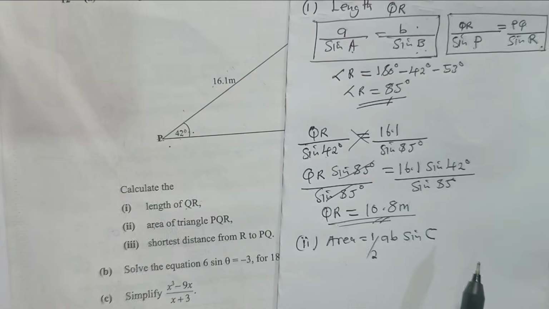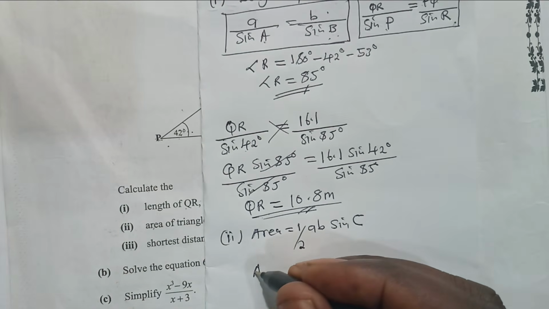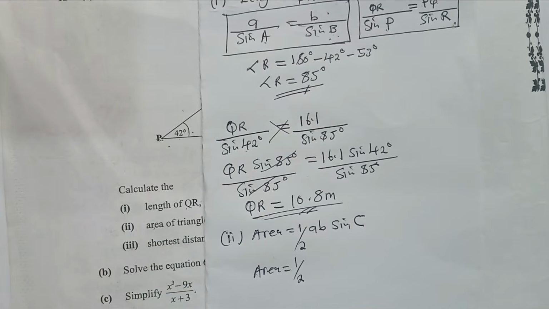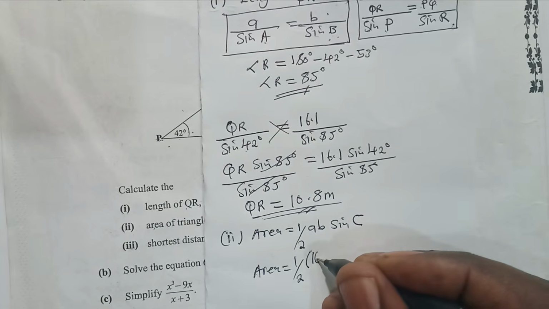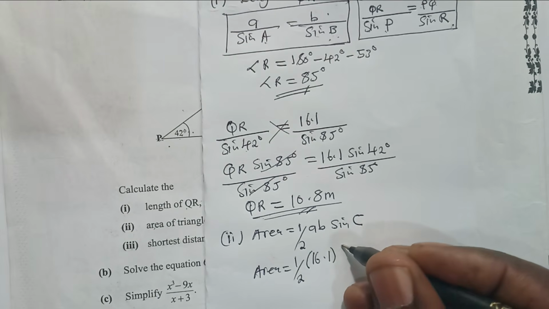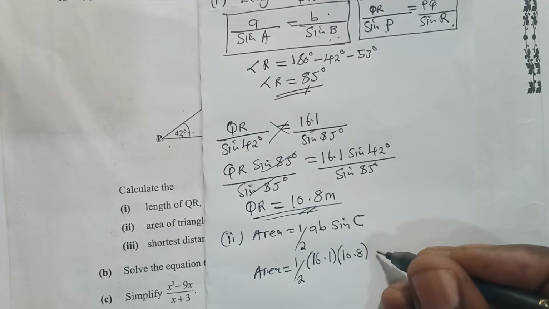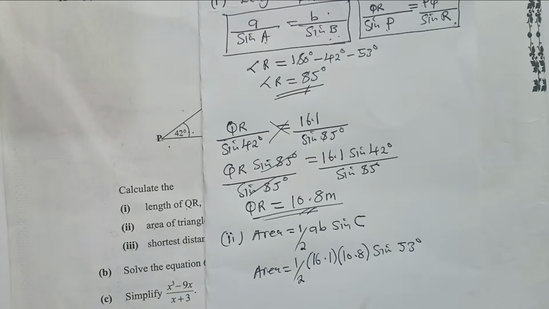So let us substitute into the formula. So we are saying area is equal to half, then where we have a and b, this time it's going to be 16.1, multiplying b, which is 10.8, then sine 53 degrees.